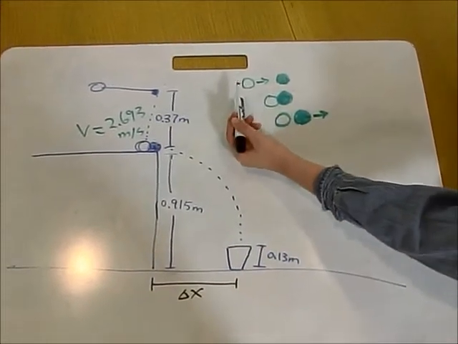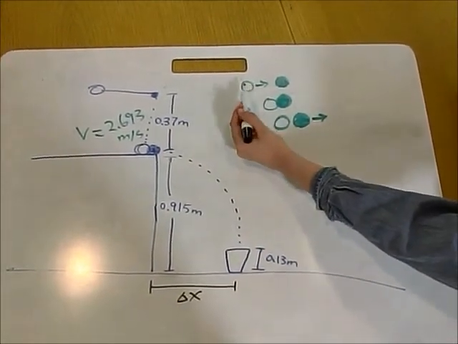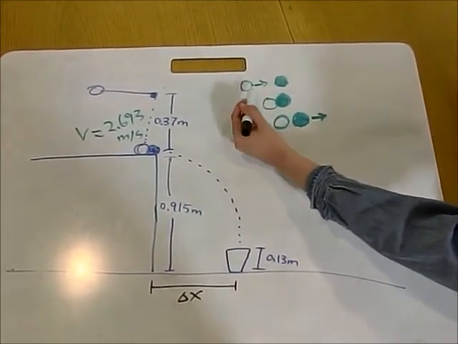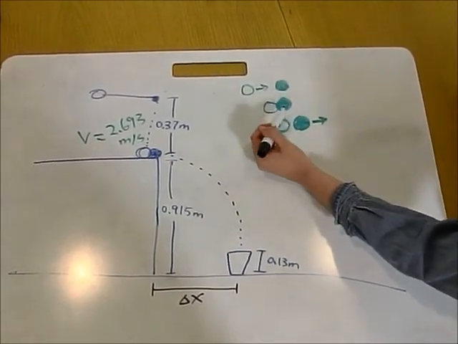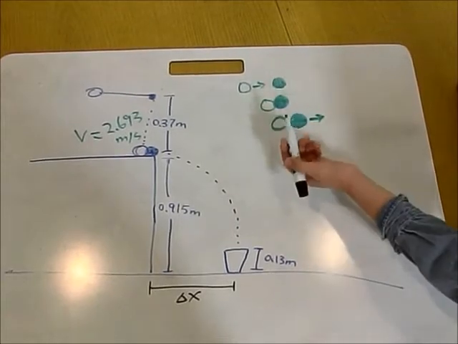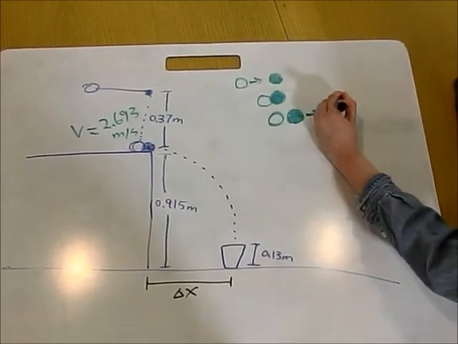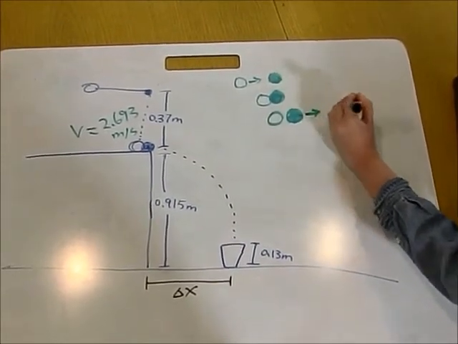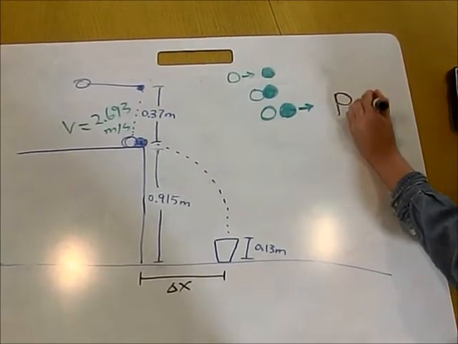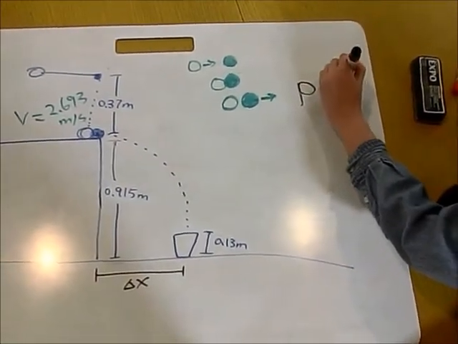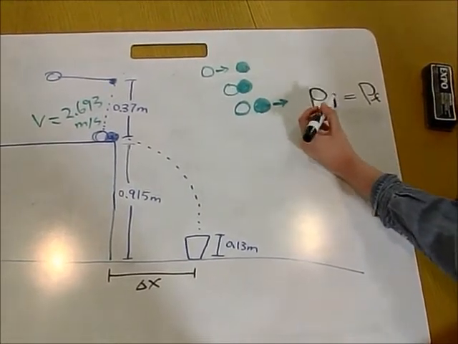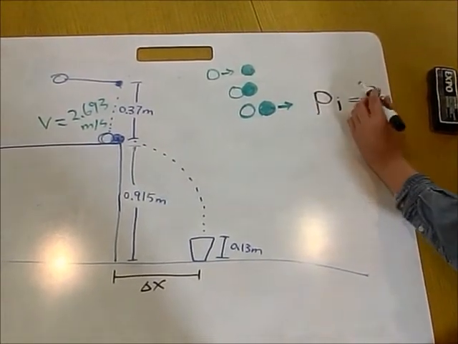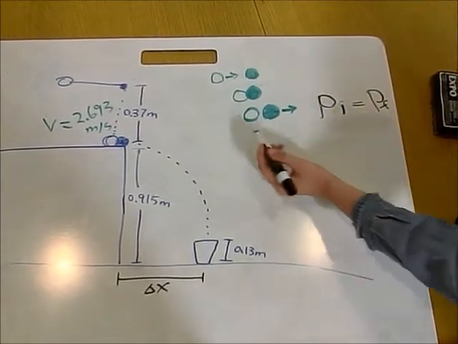So if we break that down into steps, we have this ball approaching this ball with the speed of v, and they hit each other. When you have a collision, you write the momentum of the collision. Basically, this is a collision where momentum is conserved, so the initial momentum of the system is equal to the final momentum.